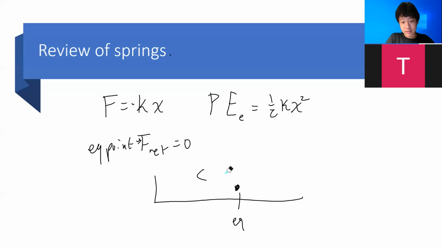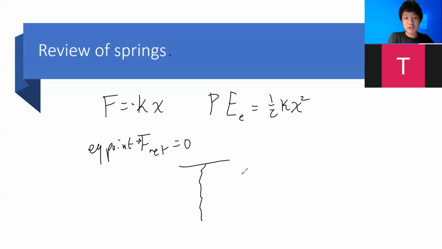For a vertical spring, it's different. All right, because for a vertical spring, if the spring were unstretched here, then for the mass here, there's an mg going downwards, right? Gravitational force. So at this point where the spring is unstretched, the net force on the point mass is not 0. So this means that this cannot be the equilibrium point.